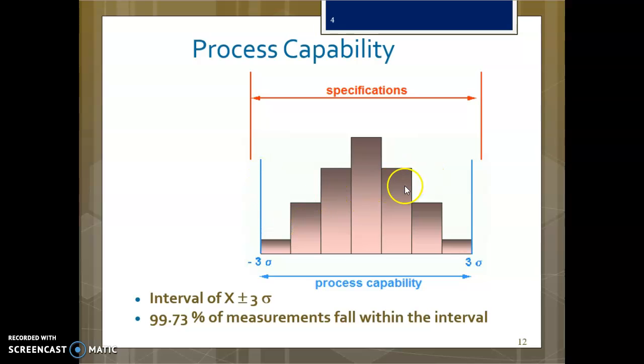The 6 sigma is the tougher qualification to meet. But anyway, it takes you to 99.73% of your measurements being within this interval. And the specifications will be limited as your upper limit and your lower limit. But CP shows the relationship between the process's inherent fluctuations versus what the customer's tolerances are really going to be about. Okay.